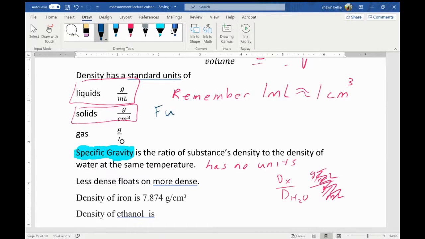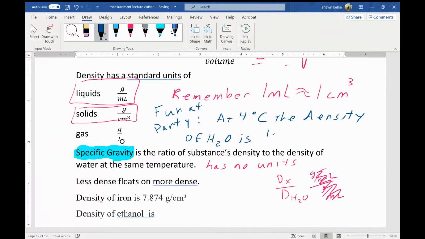So at 4 degrees Celsius, the density of water is 1 gram per milliliter at atmospheric pressure. At 4 degrees Celsius, the density of water is 1 gram per milliliter.